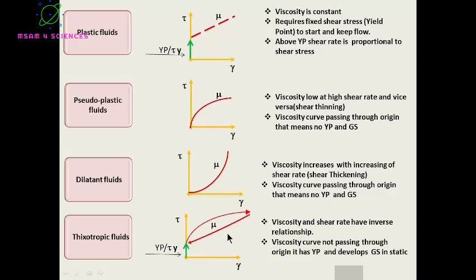The relationship is inverse between viscosity and rate. Viscosity not passing from the origin point, from zero, means this type of fluid has the property of gel strength development, and it has a fixed point that needs to be applied to the fluid in order to commence flowing. This value is called the yield point.